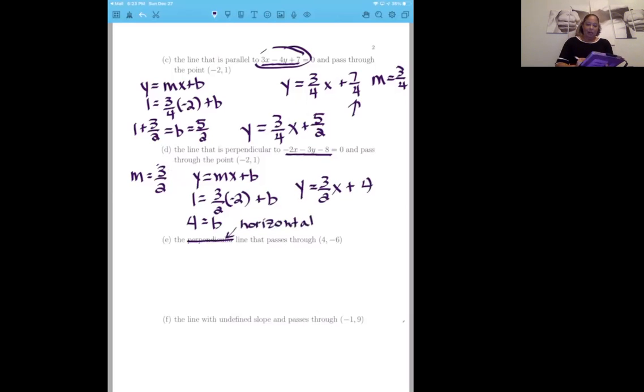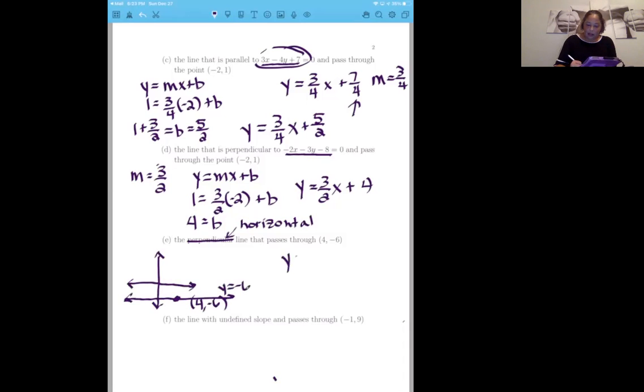All right, so if I'm thinking about a horizontal line that passes through the point 4, -6, I'm just going to draw 4, -6. So here's 4, -6. The only line that is horizontal that could possibly go through there is this line right here. y equals -6.